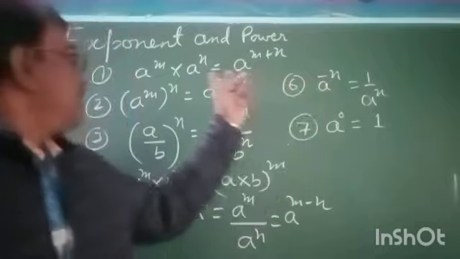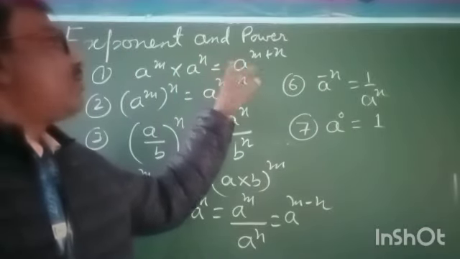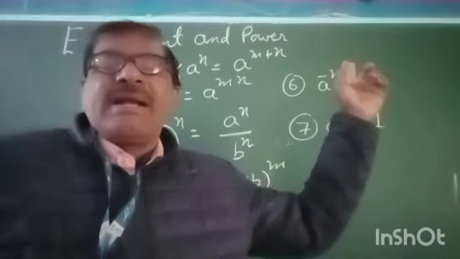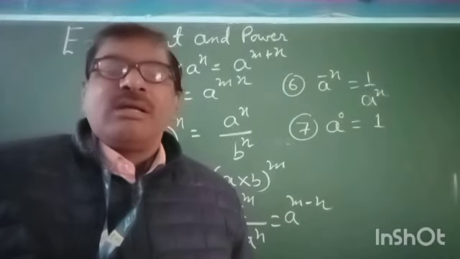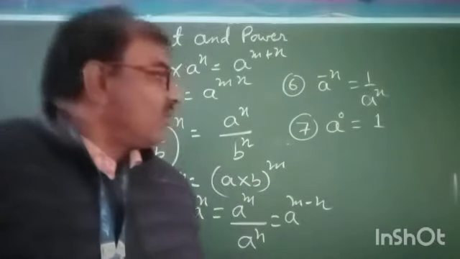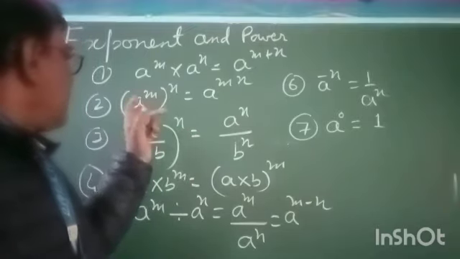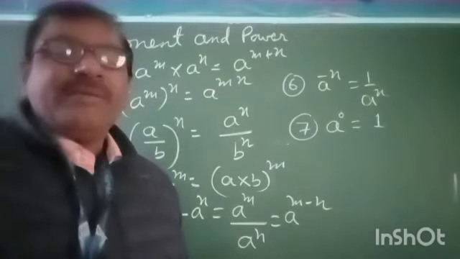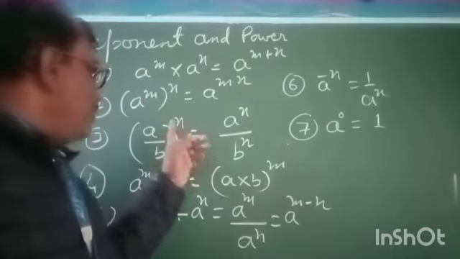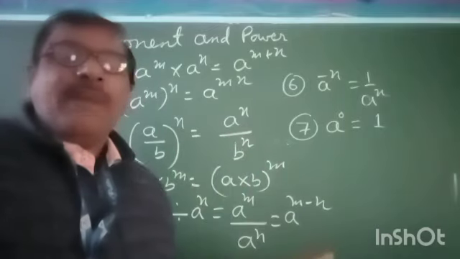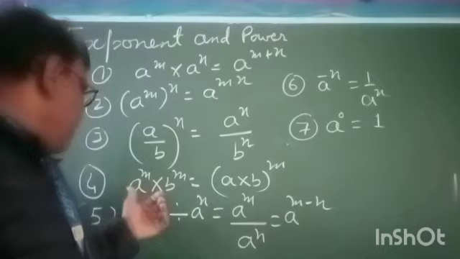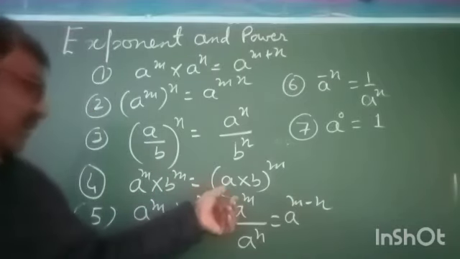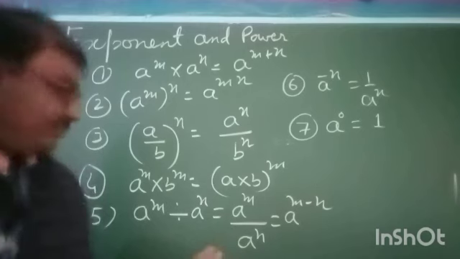The first law is a to the power m multiplied by a to the power n equals a to the power m plus n. As you know, a is called the base and m plus n is called the exponent or power. The other is a to the power m whole to the power n equals a to the power mn. Now a upon b whole to the power m equals a to the power m upon b to the power m, and the fourth is a to the power m multiplied by b to the power m equals a multiplied by b whole to the power m.